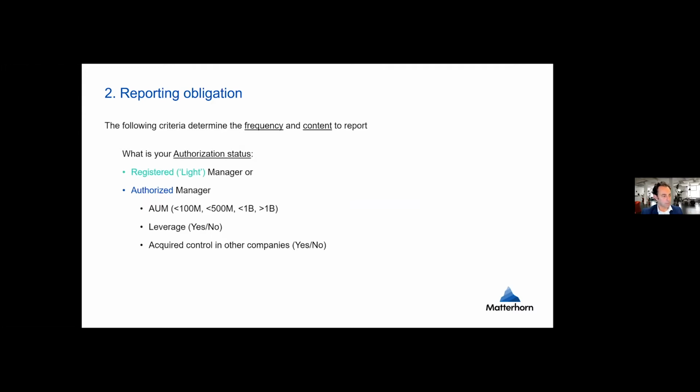The main criteria is whether you are a registered manager, or in the Netherlands they call it a light manager, or an authorized manager. So that's a big distinction. And if you are an authorized manager, then there's other criteria that also influence the content and the frequency. So depending on how many assets you have, whether you have leverage, or if you're a private equity company, if you have control in other companies, you might have a more extended reporting obligation.